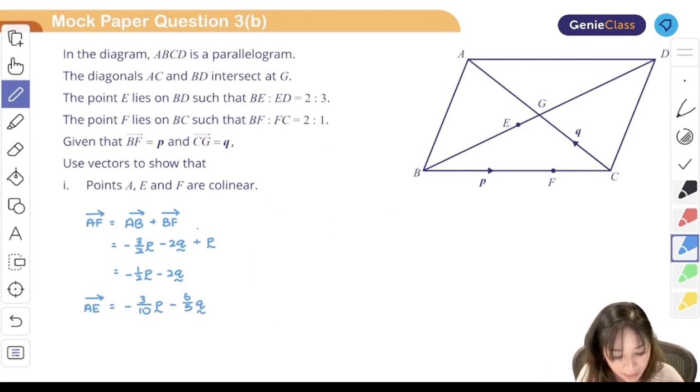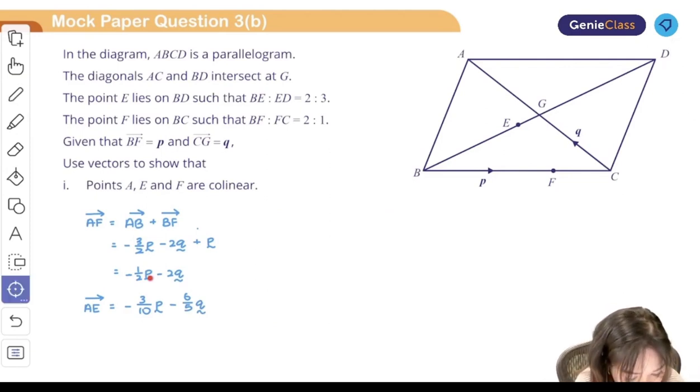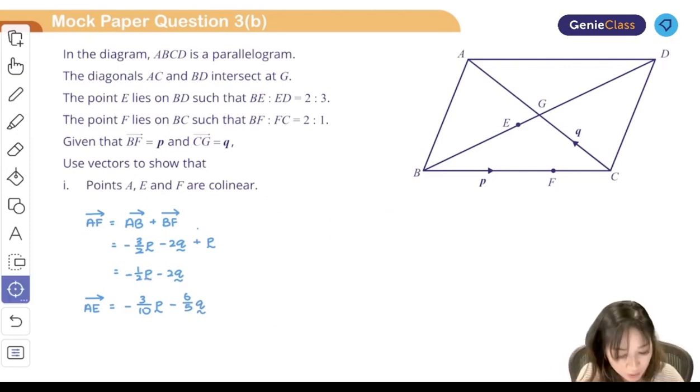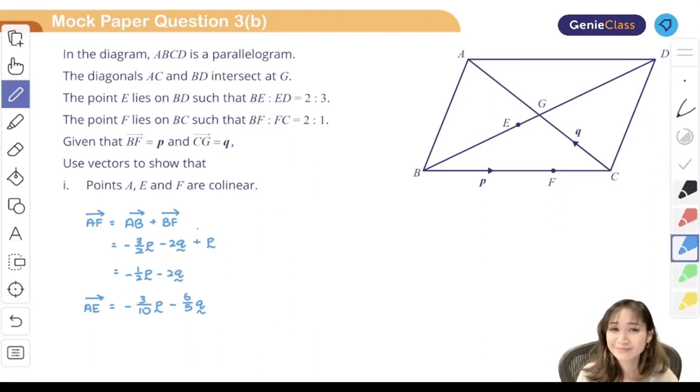So we have p and q in both. Then is there any way we can factorize one or the other to make them multiples of each other? Which vector would I start with? Anyone can tell me? Would I start with vector AF or AE?